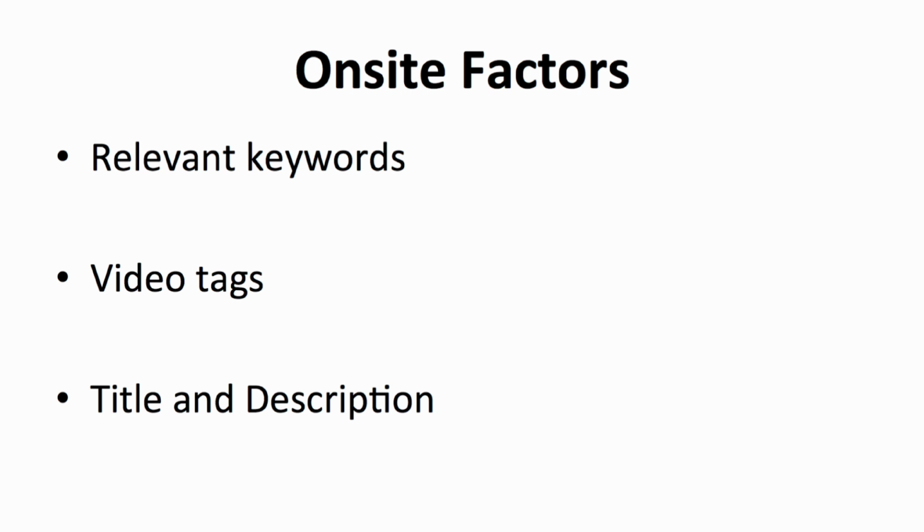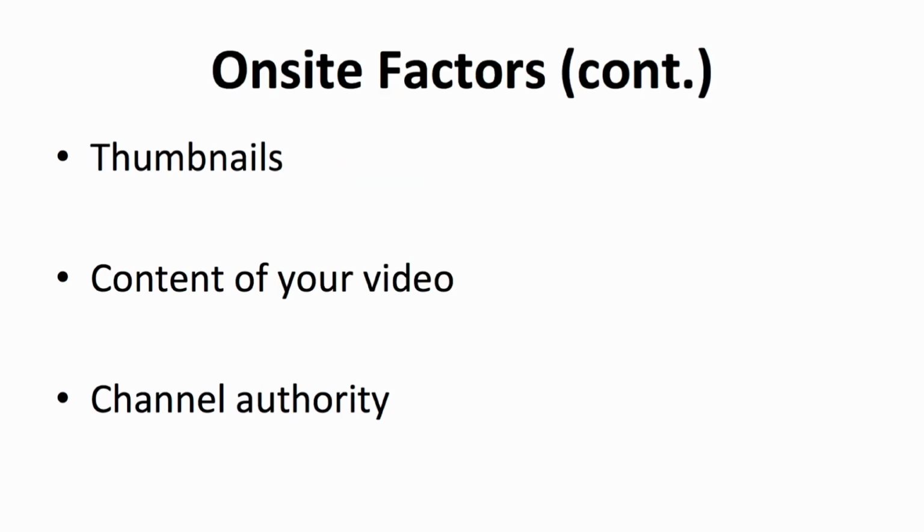So make sure to research the keywords that you are going to use. Video tags are said to be not very important, but including a few keyword tags helps YouTube know what your video is all about. The title and description of your videos is an important factor in determining your rank, because the keyword in your title and description gives a slight SEO boost to your videos.